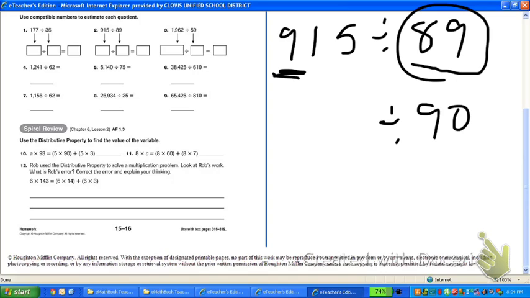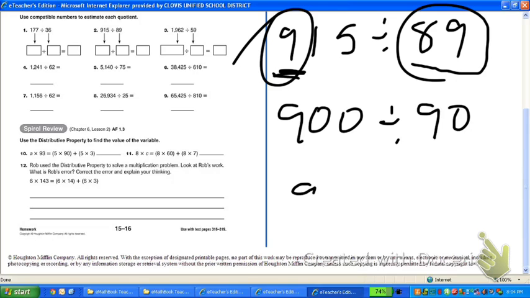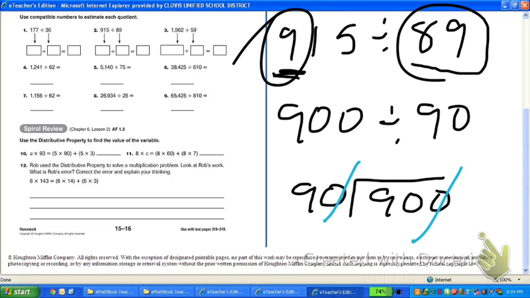So now I'm thinking, okay, what can 9 go into evenly? And 9 can go into 9 evenly. So I'm going to change 915 to 900. So I get rid of 1 0, that 0. 9 into 9 goes 1, and then I have 1 0 left over, so the answer would be 10.